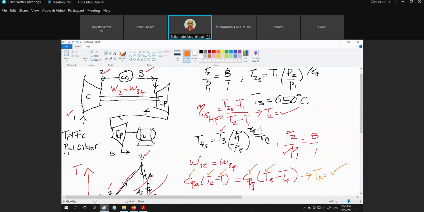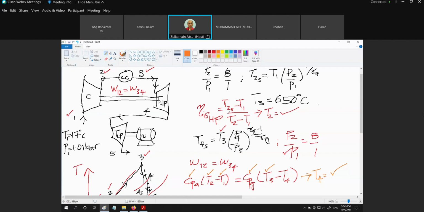Because this is the formula of energy balance. The energy balance is what? The work needed by the compressor is equal to the work produced by the turbine. That is our energy balance equation. But for a one shaft case, you have your W net there: W net is equal to W turbine high pressure plus W turbine low pressure minus W compressor.